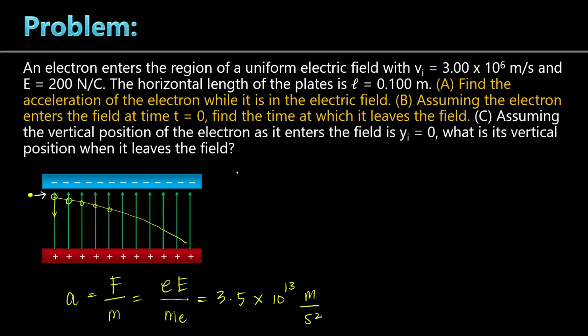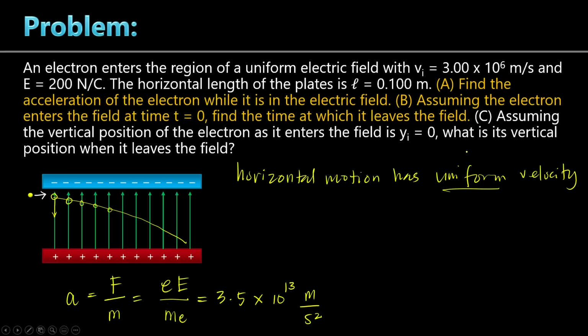O lagay natin dito. Horizontal motion has uniform velocity. Constant ang velocity. Ibig sabihin ng uniform, constant. So, kung constant ang kanyang velocity, ano yung ginagamit nating formula? The total distance traveled, which is actually yung length nung plate, which is equal to L. Lagyan natin dito, L is equal to the velocity multiplied by the time.